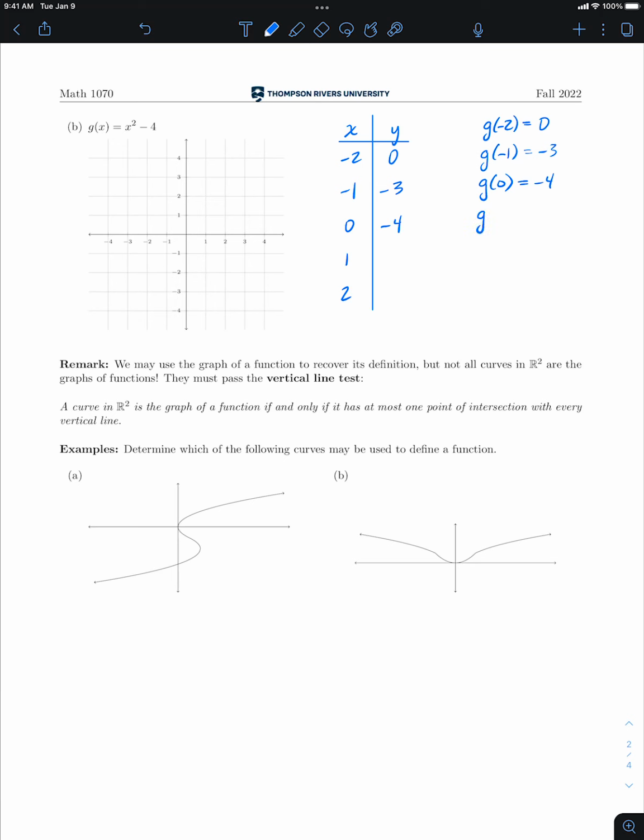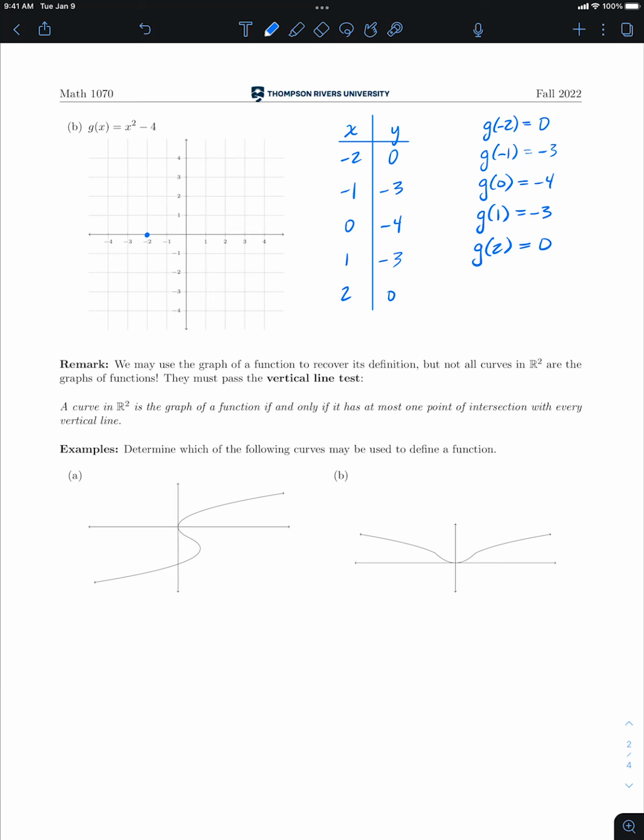And similarly, you can check that g of 1 is -3, and g of 2 is 0 as well. I'll leave it to you to check the details there. But that gives you enough now to plot some points, and then you can get an idea of the shape of the graph. Again, the point -2 is 0, so a -2 on the x-axis and a 0 on the y-axis, that's going to be your point -2, 0.